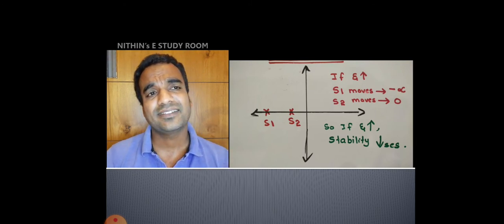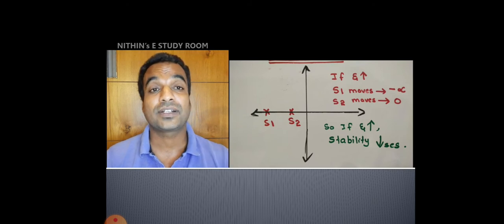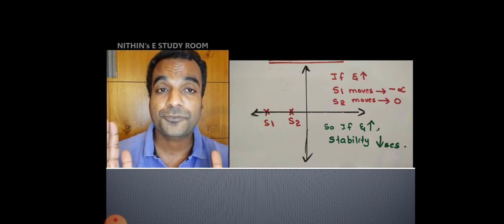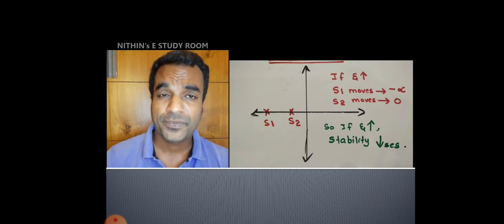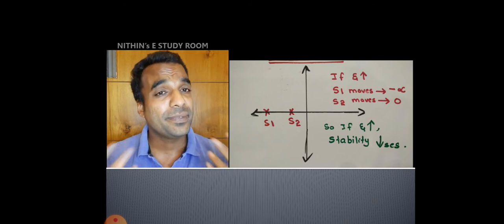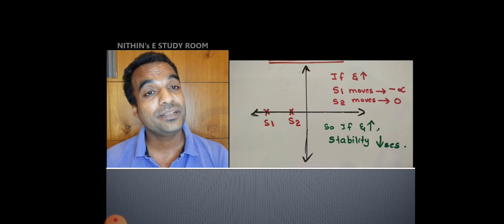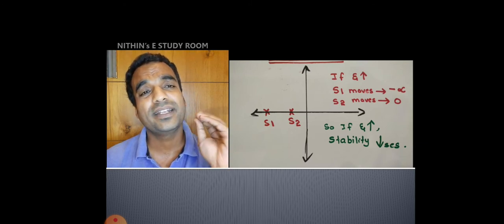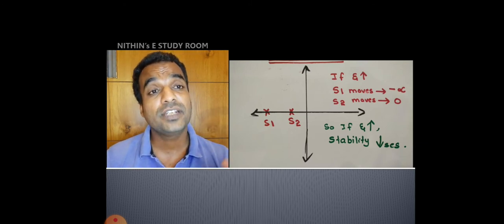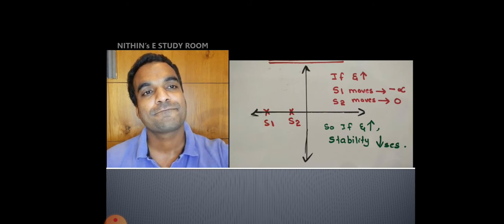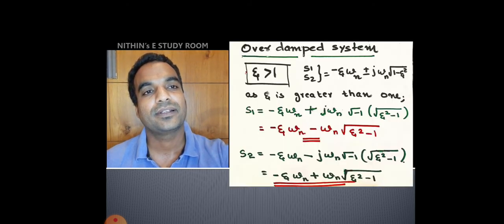But I am asking, what happens if eta is increased further? Our condition was eta should be greater than 1. Eta may be 2, eta may be 3, eta may be 10. Eta does not have any limit. We are only saying that it should be greater than 1. So if eta is very high, what happened? Let us think.